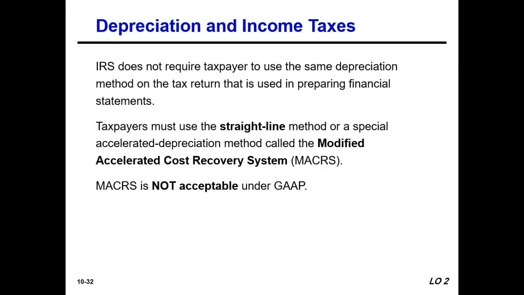So the tax return or the tax report which you submit to the government may use it. It is different, but this method is not acceptable for accounting under GAAP, which is generally accepted accounting principles. So MACRS, or modified accelerated cost recovery system, is not acceptable under accounting, but under the government it is acceptable in the US. Okay, this is just for your information. We will not have a calculation.